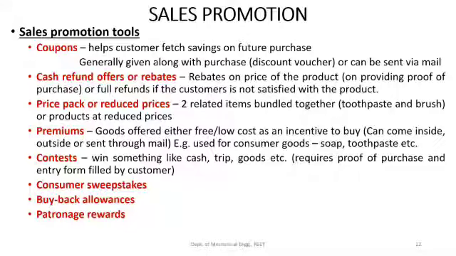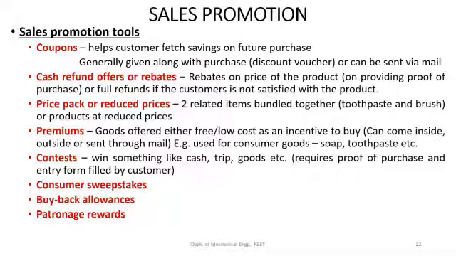The next tool is price pack or reduced prices. Now a price pack is basically a case where you see two items bundled together, the total value of the bundled item being lower than the total cost of the individual items added together. The two items bundled together might be the same items or related items. For example, toothpaste, buy one get one free, that's an offer.